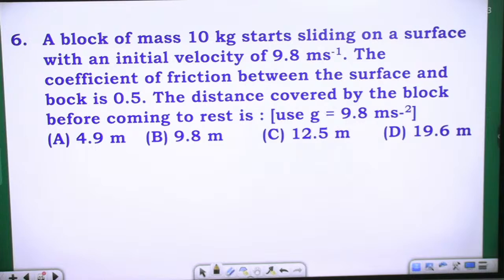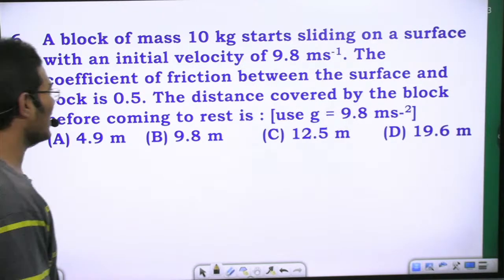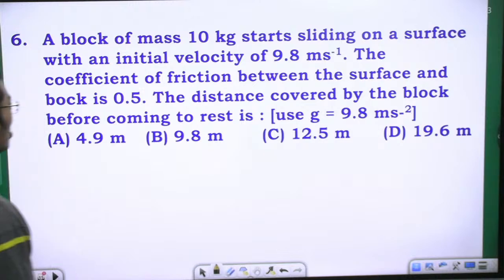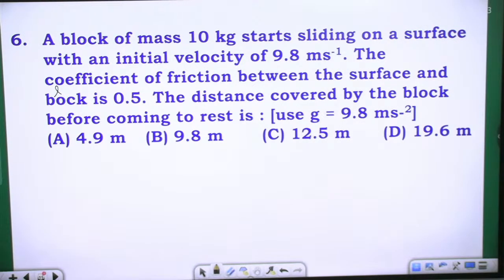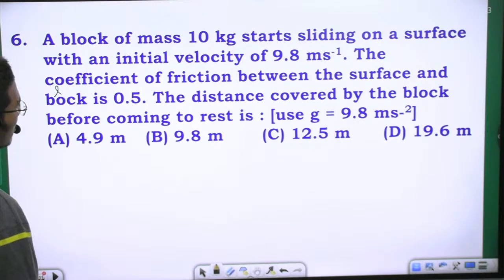The question says that a block of mass 10 kg starts sliding on a surface with an initial velocity of 9.8 meters per second. The coefficient of friction between the surface and the block is 0.5. The distance covered by the block before coming to rest is dash. It's a straightforward question from kinematics.